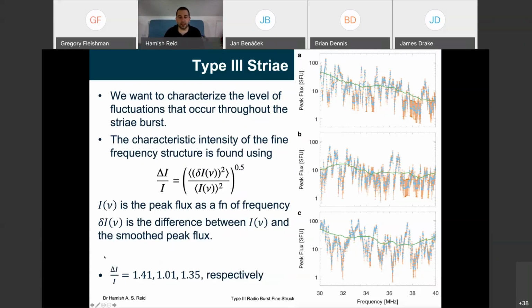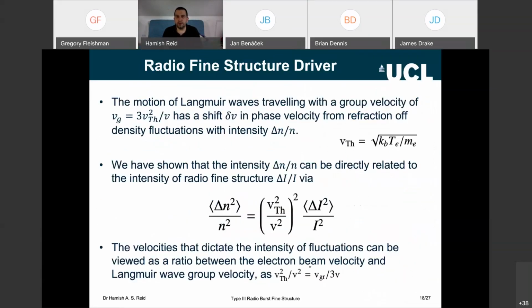But why we wanted to characterize this delta I over I is because we want to see if we can relate this intensity of the fine structure to the intensity of the density turbulence. Now, the Langmuir waves travel with their group velocity through a medium where the density changes.